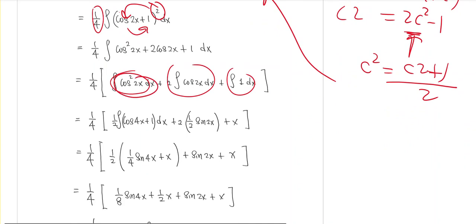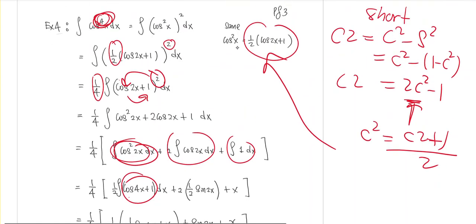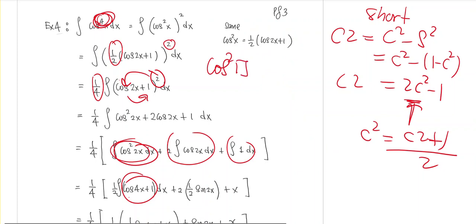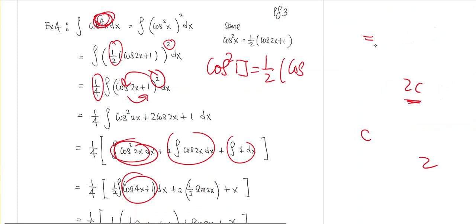So this guy here, we can rewrite as cosine of 4x plus 1. Maybe if you haven't seen this before, I'm just saying that if you substitute x with 2x, and you are having problems with this kind of concept, you can write cosine squared of a box as equal to cosine of 2 times that box, plus 1, all over 2.